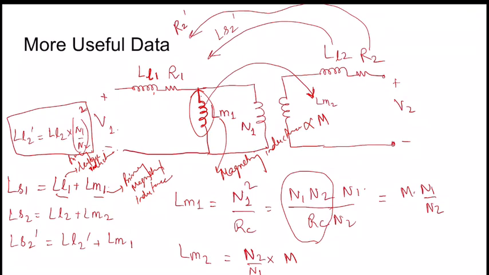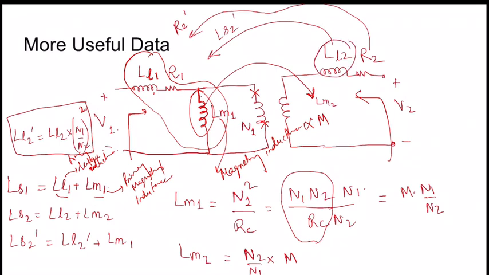Now if we see from the primary side, the self inductance is LL1 plus LM1 because this branch goes out, because this is open circuit. Now if we see from the secondary side, you see LL2 plus LM2, because all things will be transferred to the secondary side and LL1 will not come because this is open circuited, understand, right?